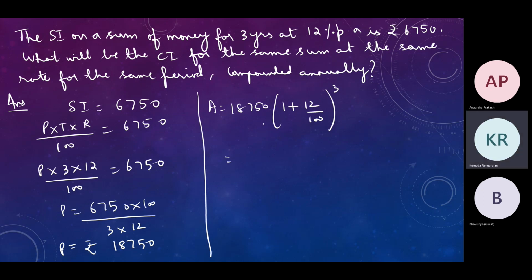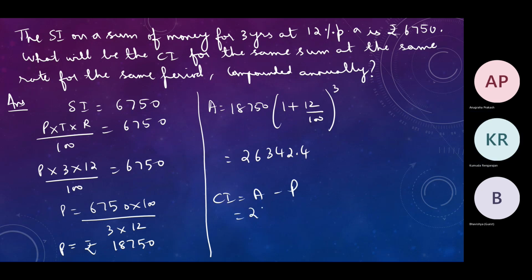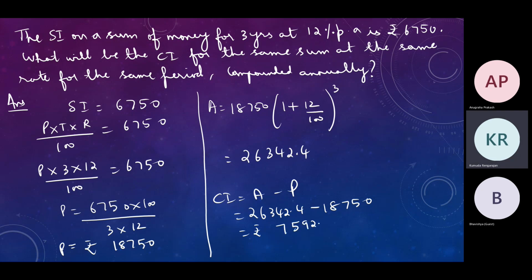Please finish this, children. You should get 26,342.4 as the amount. So the compound interest will be amount minus principal: 26,342.4 minus 18750, which is 7,592.4.